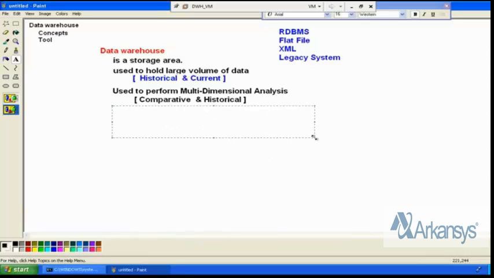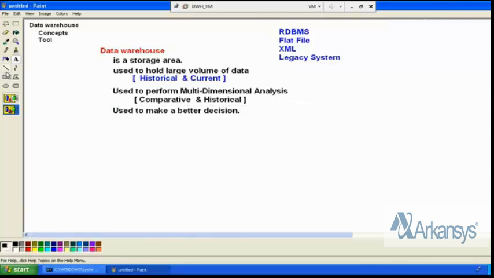After performing analysis, in which way will it be helpful? For what purpose do we need to perform analysis? Use it to make better decisions. So what is a data warehouse?